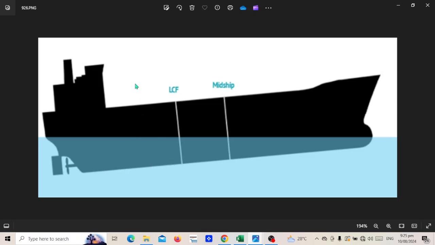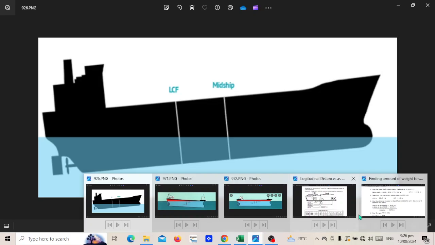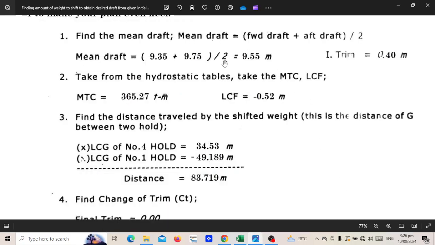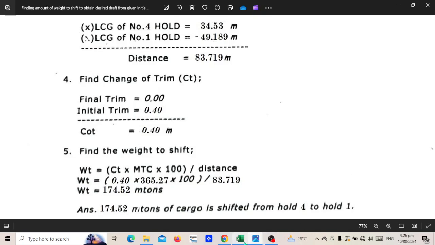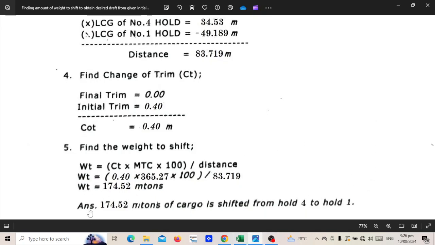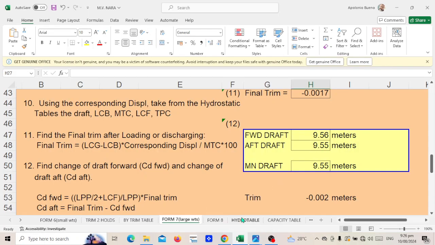It will either be more or less. But if you ship it within the vessel, anywhere in the vessel, forward and up, your mean draft will never change. It will always be 9.55. Okay, so we have already taken this weight for shifting of cargoes, and this will be our final draft.